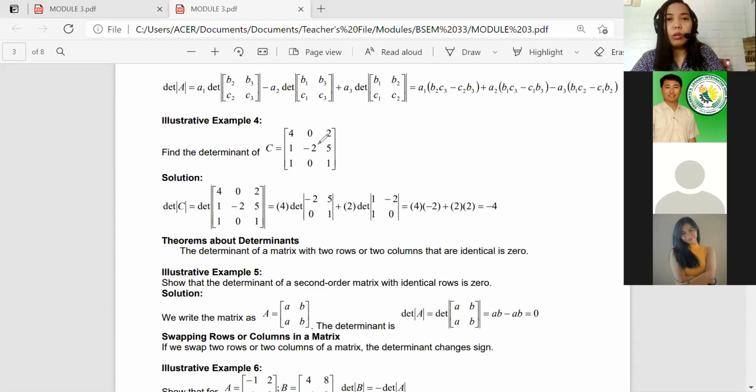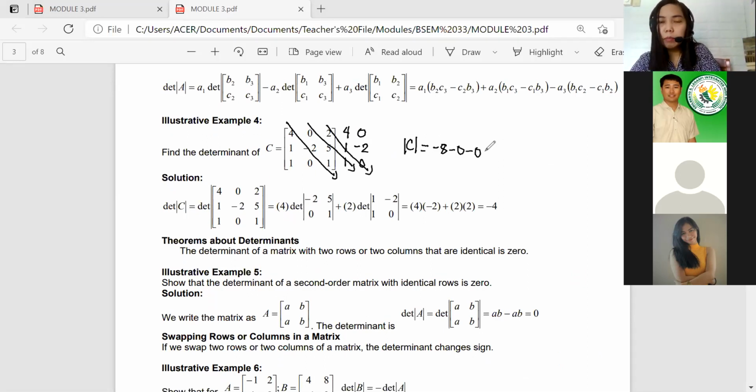Kokopyahin mo yung first two columns and then you multiply it diagonally. 0, negative 2, 0. Okay, so the determinant is, this is 4 times negative 2 times 1, it's negative 8. This is 0. This is also 0.